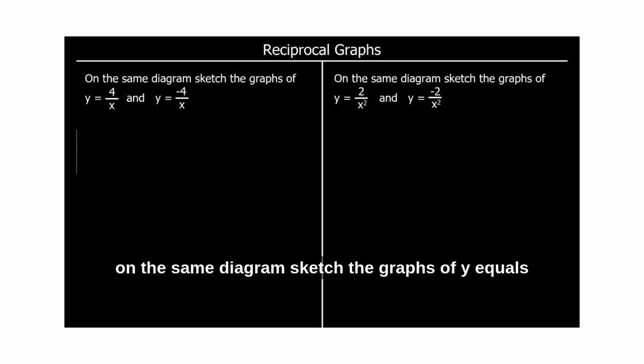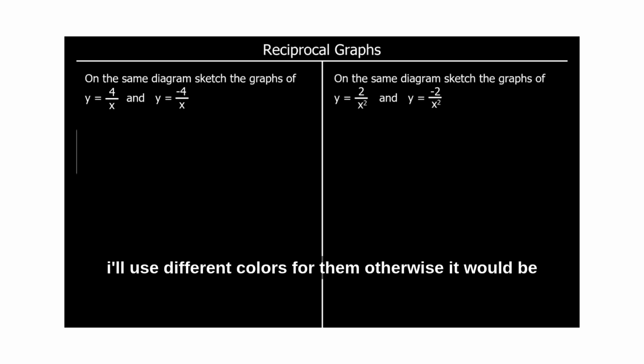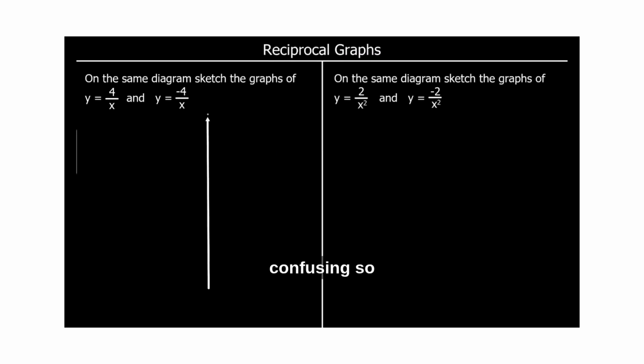Okay, on the same diagram, sketch the graphs of y equals 4 over x and y equals negative 4 over x. So I'll use different colors for them, otherwise it would be very confusing. So y equals 4 over x, I'll do in green.